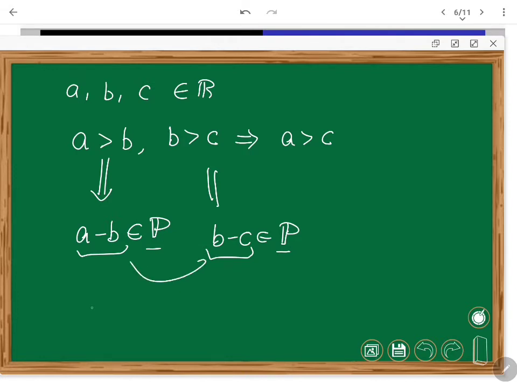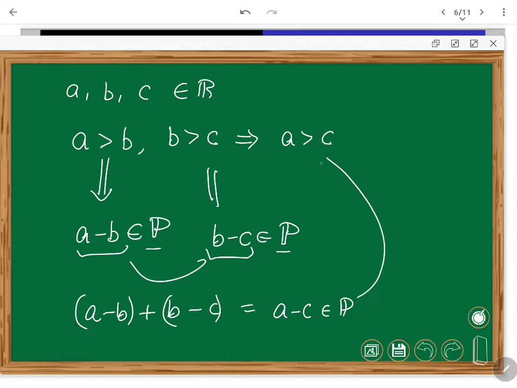So what it gives is A minus B plus B minus C, which is nothing other than A minus C. It should be in P, which means that A minus C is in P. That sounds good. A minus C is in P, that is ultimately what you need. This is what it says with A greater than C. So transitivity holds. This is how the proof goes.